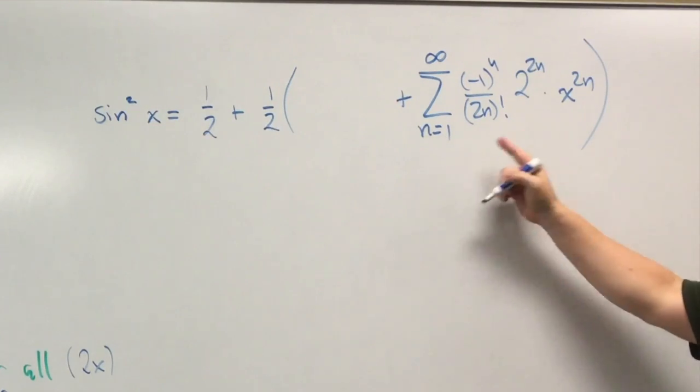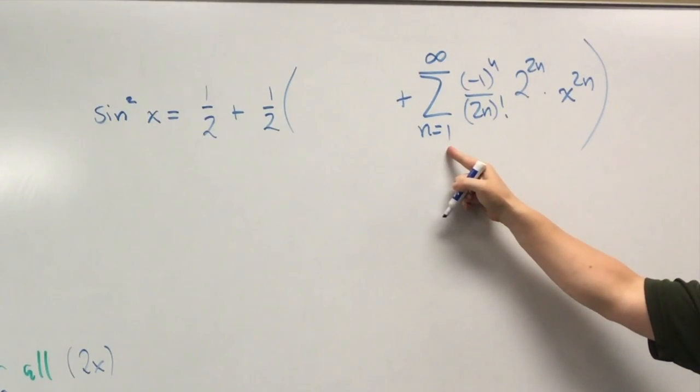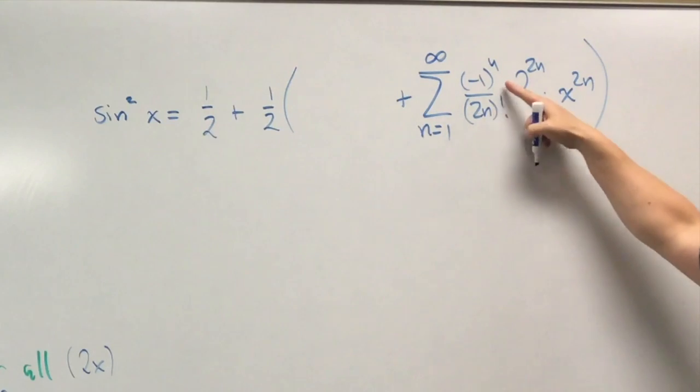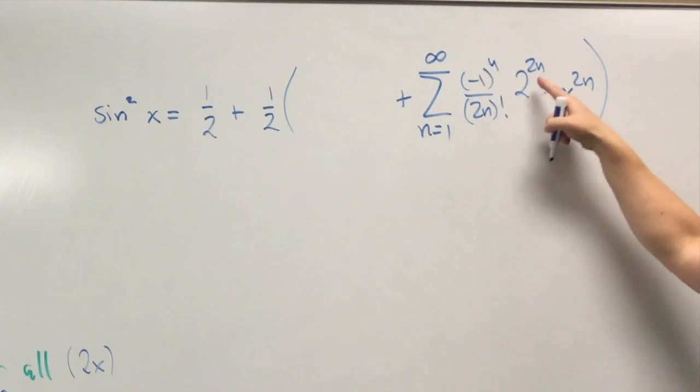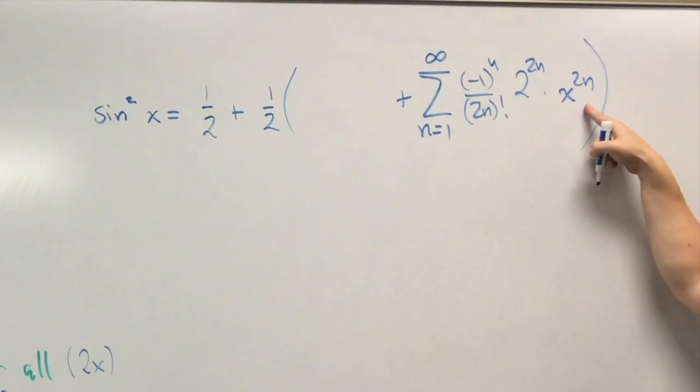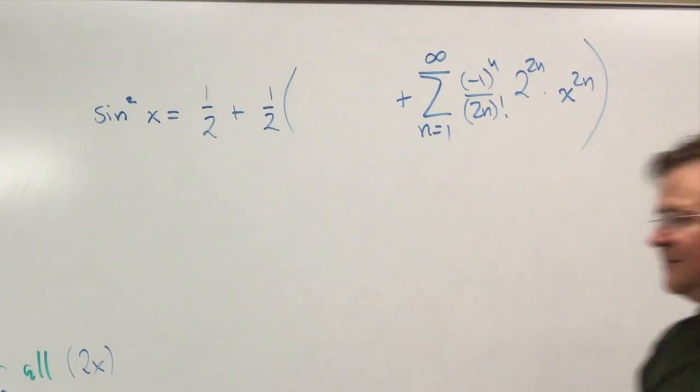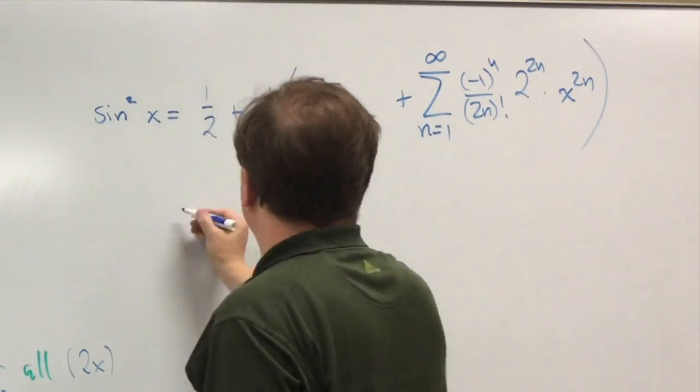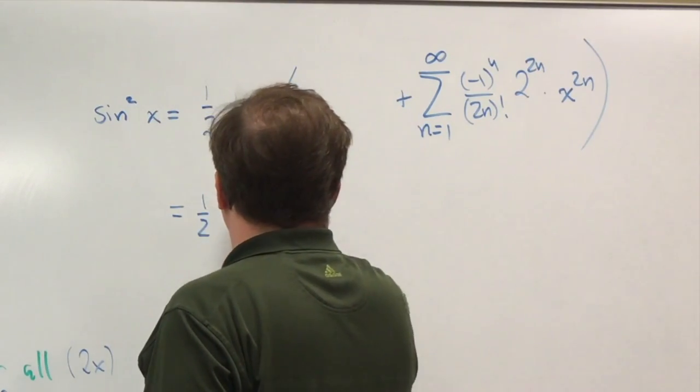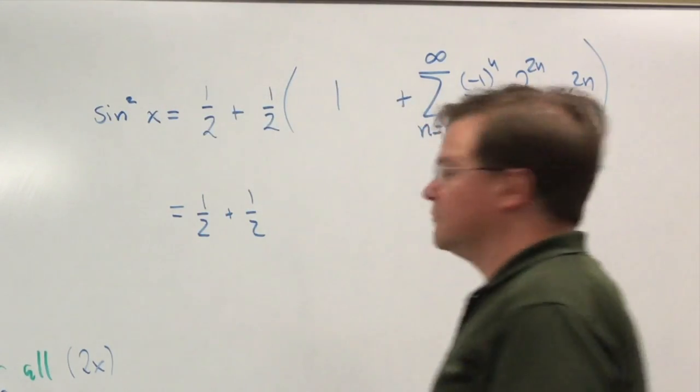The first term here is when n equals 0. When n equals 0, that's going to be positive, that's going to be 1, that's going to be 1, and that's going to be 1.